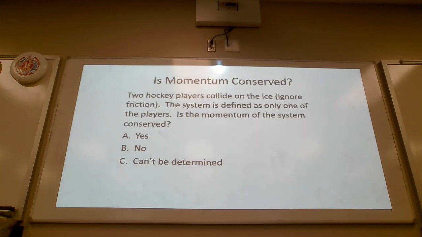Tell your neighbor. Correct answer is B. No. But let's say we include both players in the system.